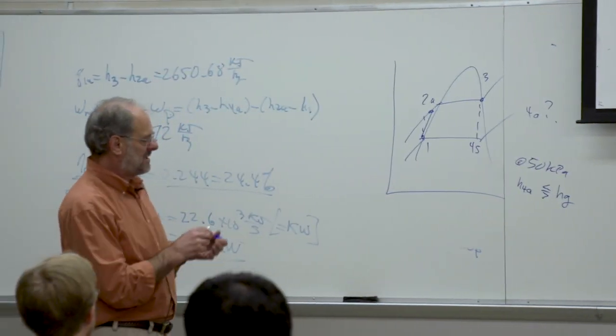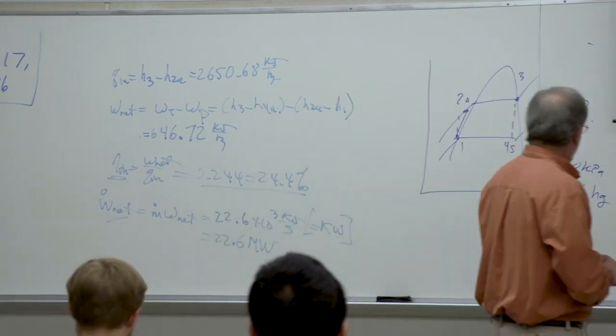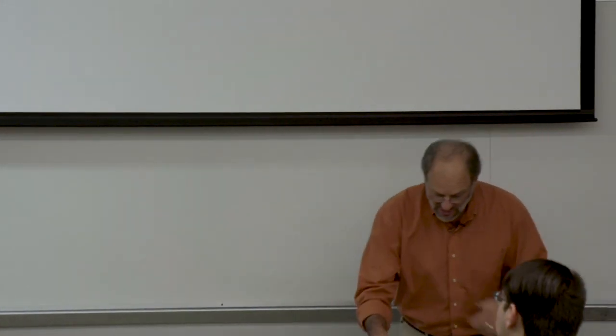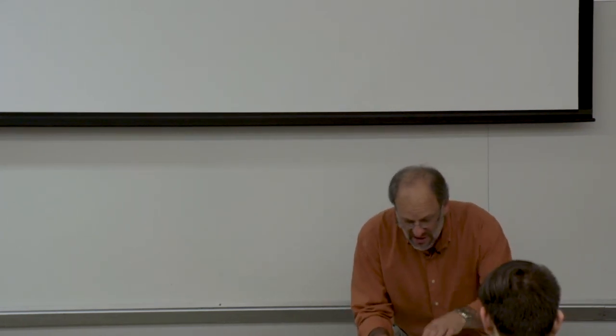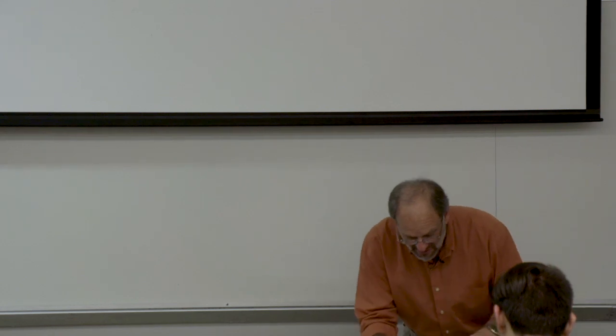Is 4A less than, equal to, or greater than the value of Hg at that particular pressure? So that's what we really should have done as we finished up this problem.